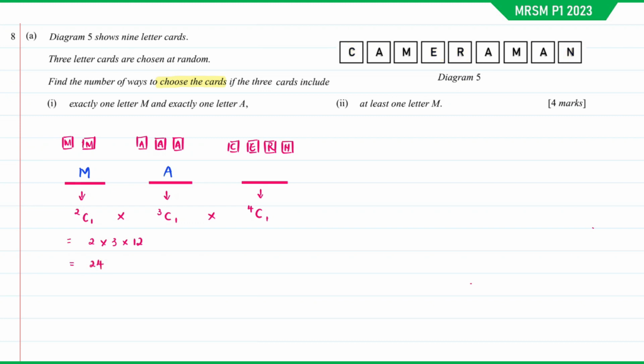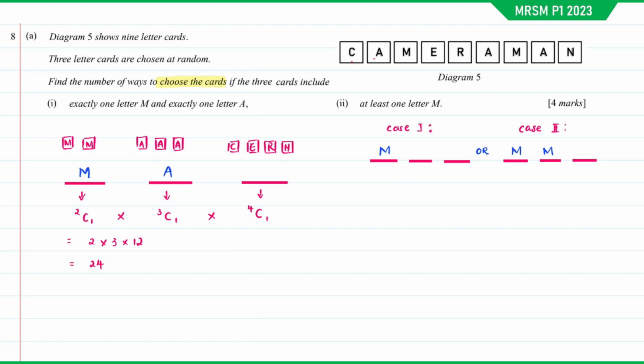Question 2. At least 1 letter M. So here we're going to have 2 cases. Case number 1 is that we only have 1 M out of 3 letters. And case number 2 is that we have 2 letter M out of 3 letters.